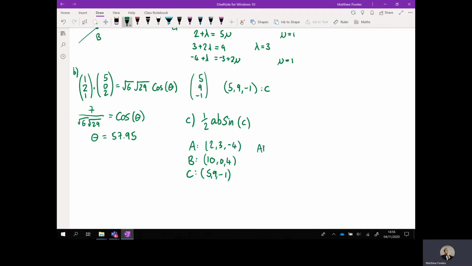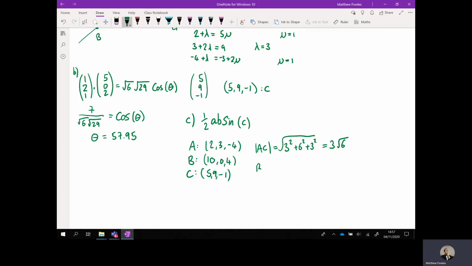The length from A to C is given using the Pythagoras formula by looking at the difference of the two coordinates, squaring them, adding them, and square rooting them. So that gives us 3 squared plus 6 squared plus 3 squared, all square rooted, giving us 3 root 6 overall.